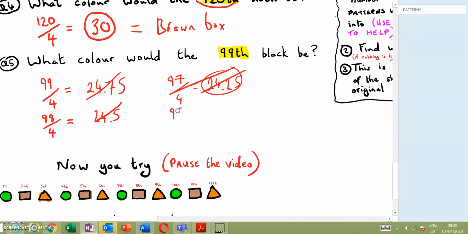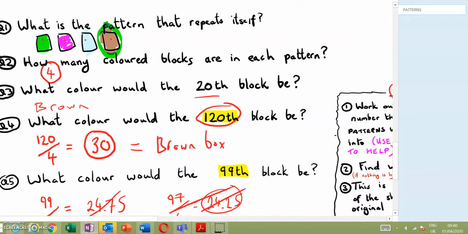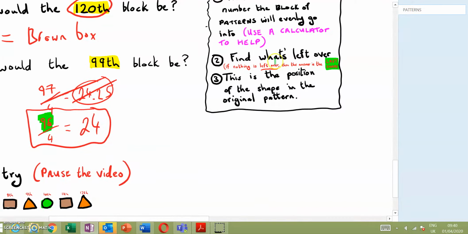So now I try 96. Divide by 4. And bingo, that goes in 24 times. So what that means is, I know what the 96th shape will be. It's going to be brown. But what I've got to do now is find what's left over.